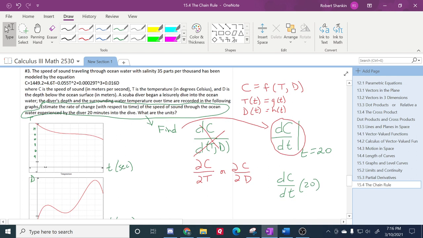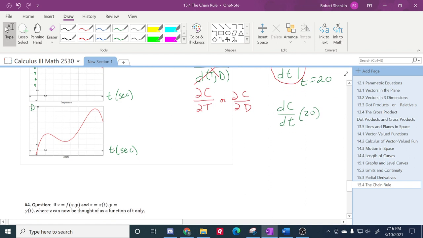But when you think of c in terms of t and d, you have to have both, so that's why these have to have partial derivatives.